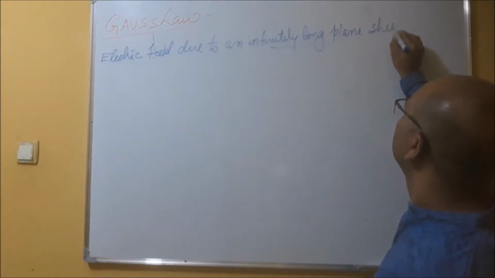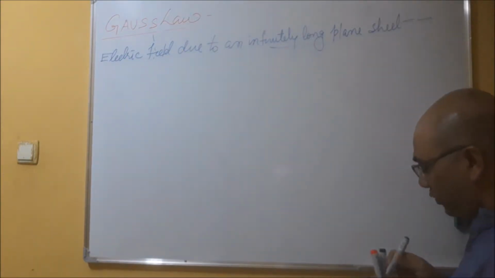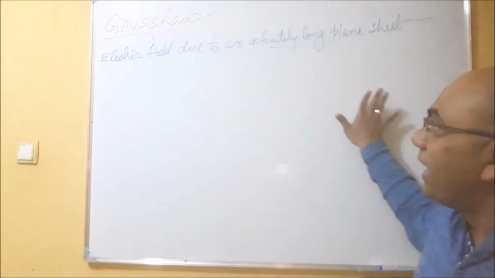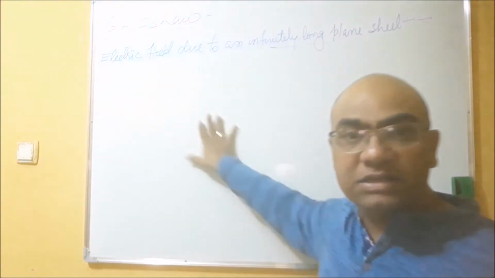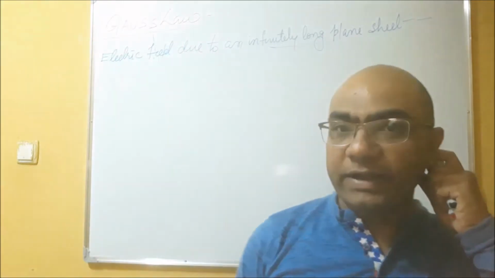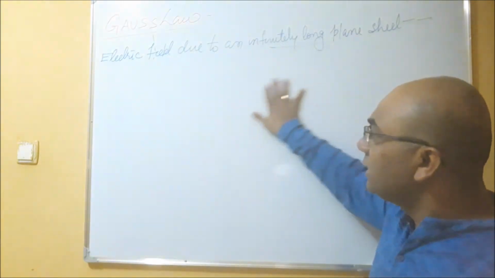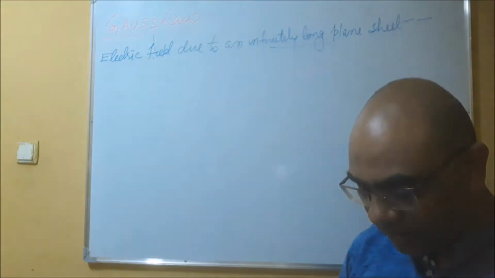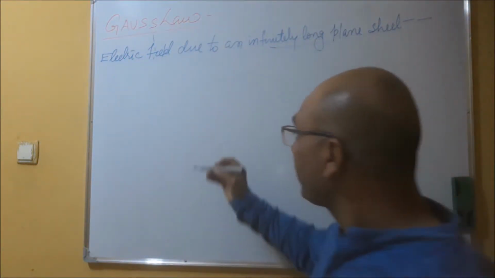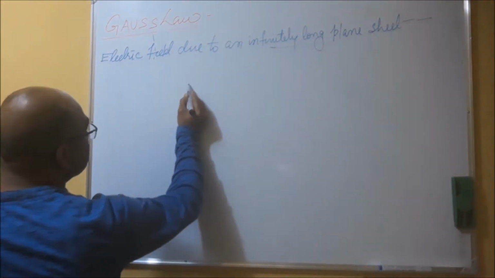Right? Plane sheet means, suppose we have a surface like this board, a plane sheet, right? And the total charge is uniformly distributed on this board, right? So let me draw a surface. The surface is something like this.